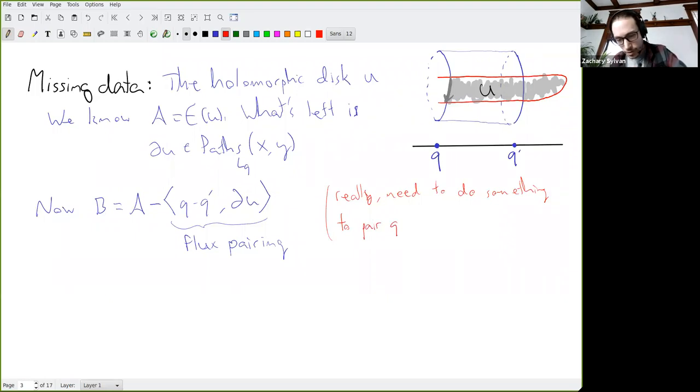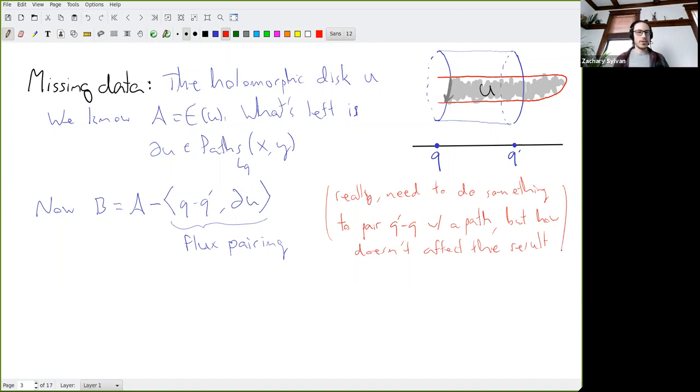Pair Q prime minus Q with a path, but it doesn't really matter how you do it.